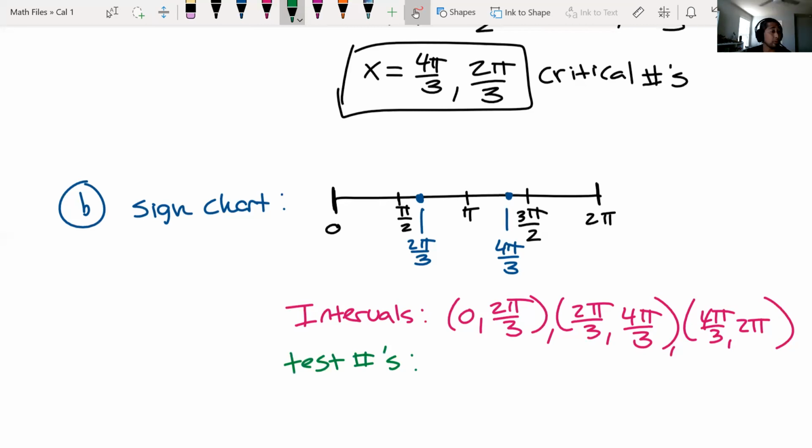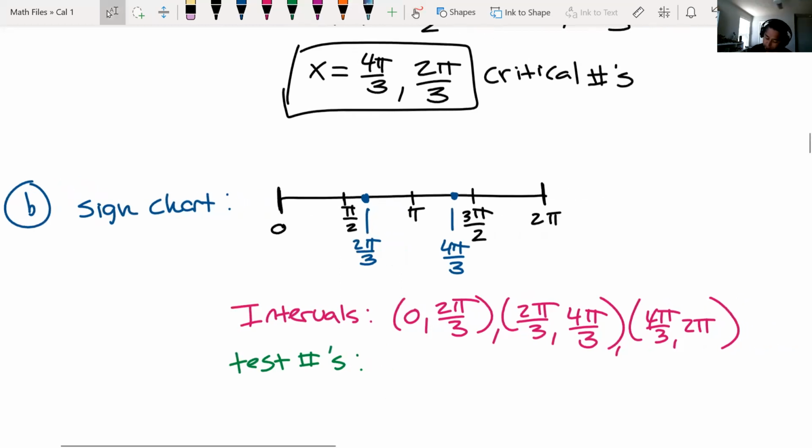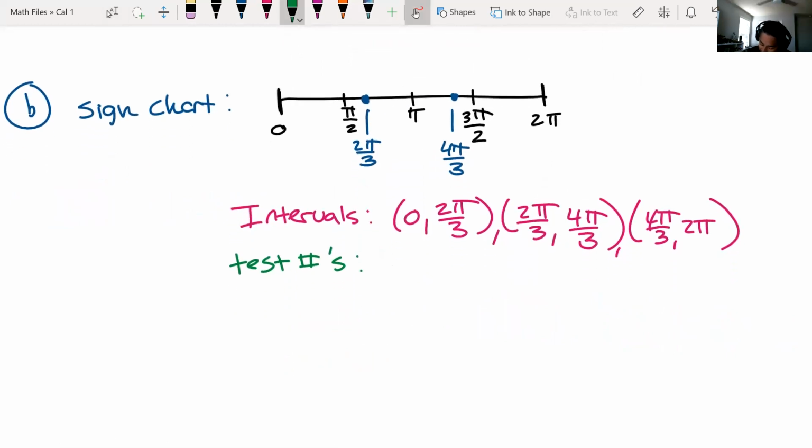Give me a test number from 0 to 2 pi over 3. Pi over 2. Look at that, it's already labeled. x equals pi over 2. And then give me a test number in between 2 pi over 3 and 4 pi over 3. Pi. And then from 4 pi over 3 to 2 pi, we can use 3 pi over 2.